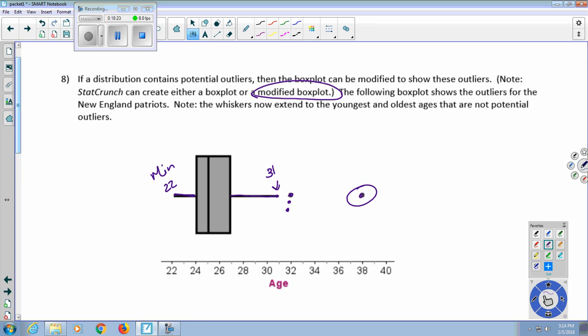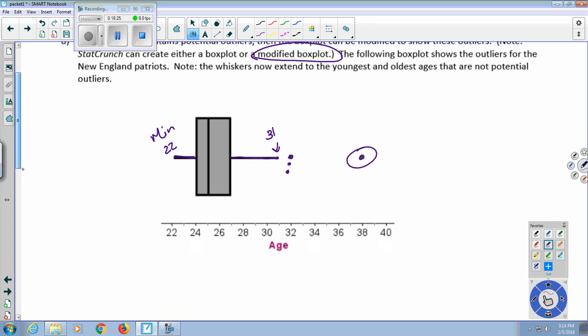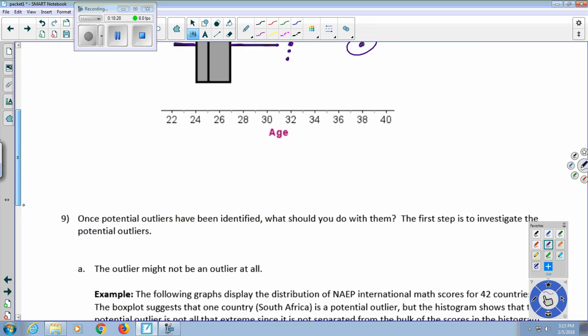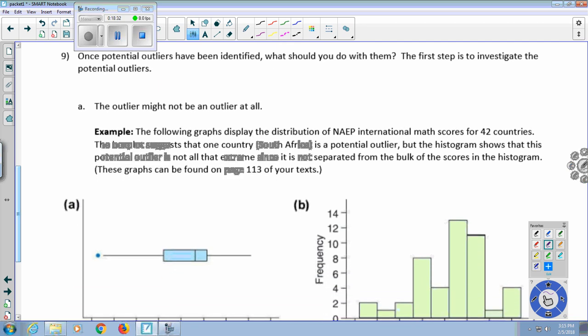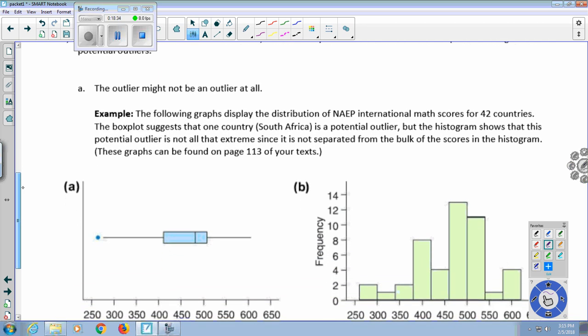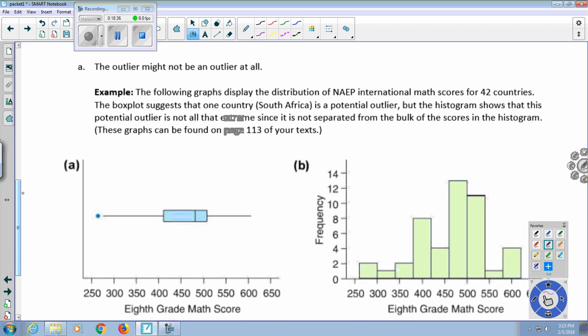Okay, and anytime we find some potential outliers, what should we do with them? The first step is always to investigate. Here are some scenarios about outliers. An outlier might not be an outlier at all.